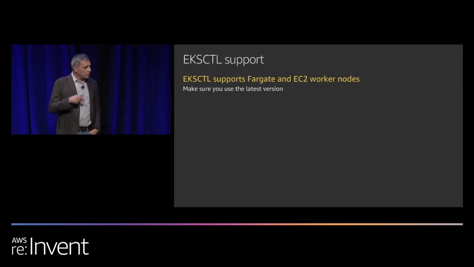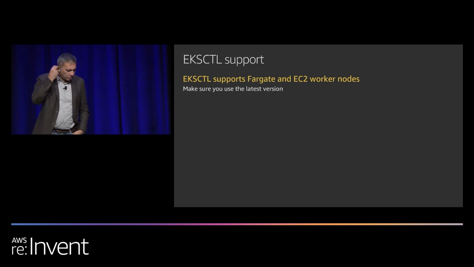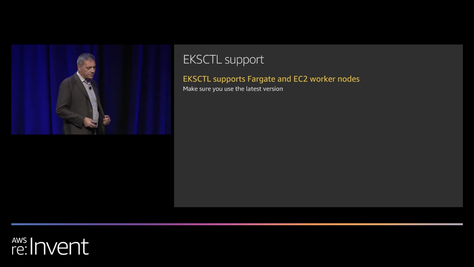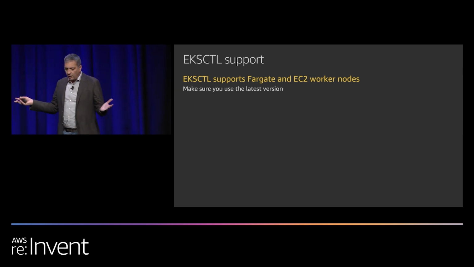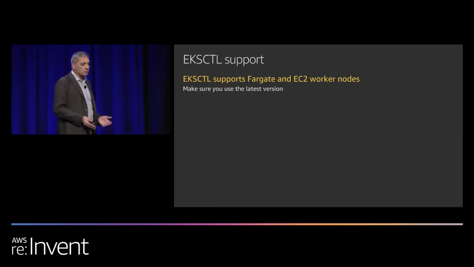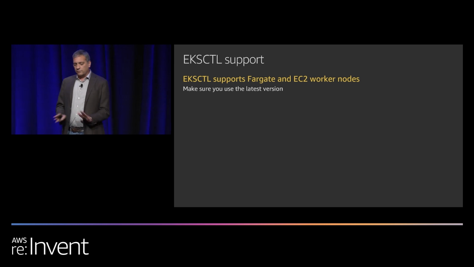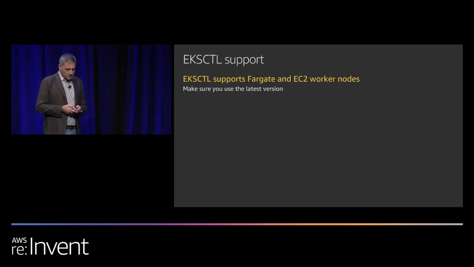Last slide before I pass the ball back to Nate, EKS CTL support. So as you know, EKS CTL is a tool that we built together with Weave, and it's one of the primary tools that we suggest customers to use to stand up EKS clusters, right? It removes a lot of the undifferentiated heavy lifting that you would have to do to set up an EKS cluster.